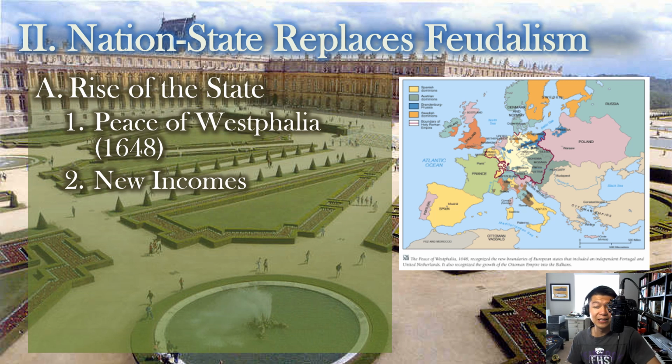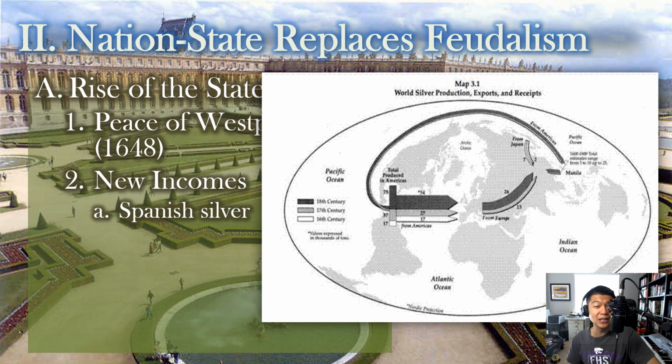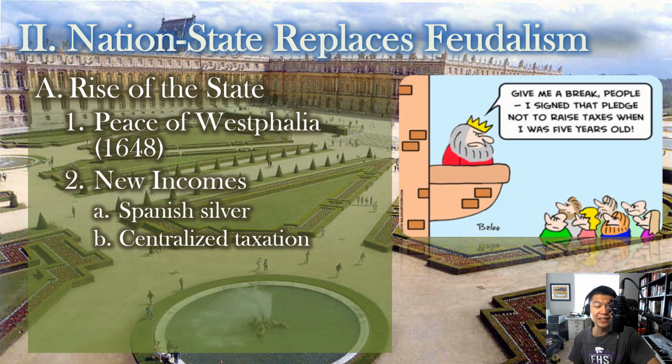Furthermore, many of these kingdoms will be ruled by these new kings that have now gathered new income. If you're wondering what that Spanish silver coming into Europe does, in a lot of ways it funds the wars of Europe, but then it also will fund the growing power of these new kings. There's a new centralized taxation order as they start to hire their own bureaucrats.